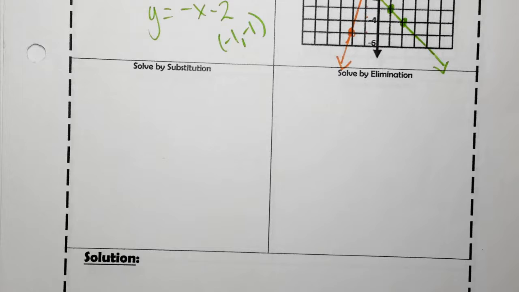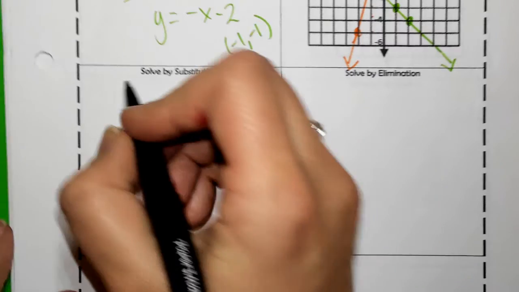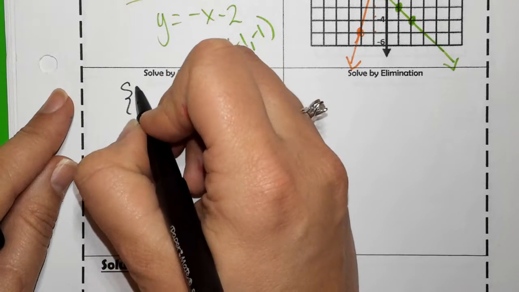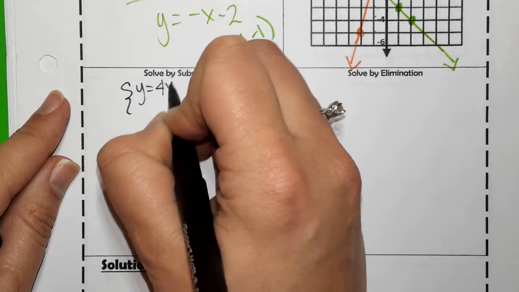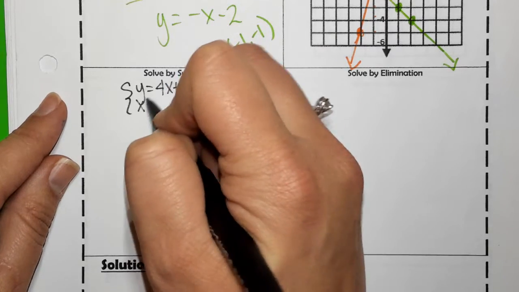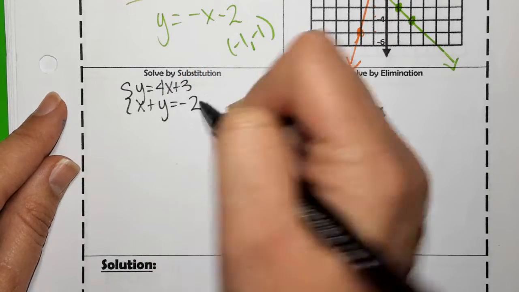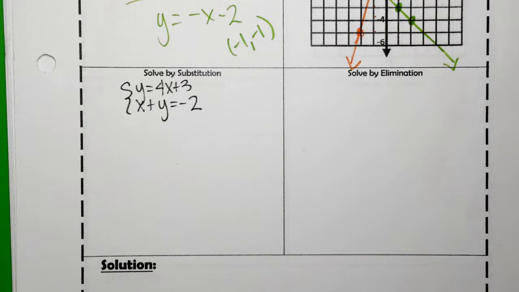All right, so now let's solve it by substitution. What I want you to do is rewrite your system underneath substitution. Remember, in substitution, we're trying to figure out if there is a variable by itself.